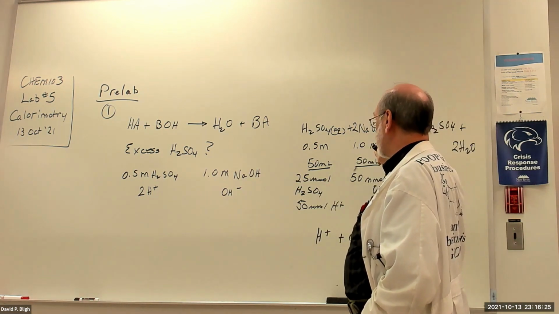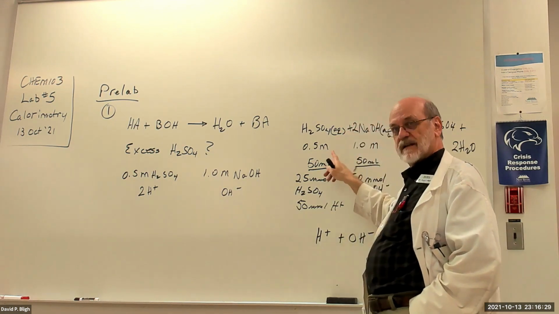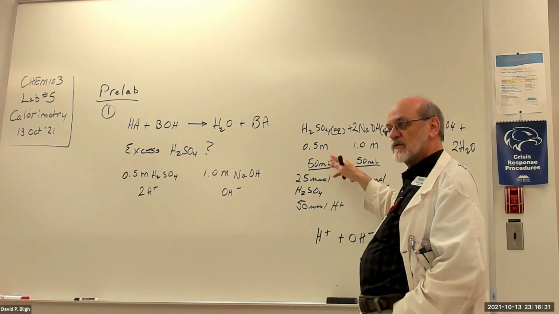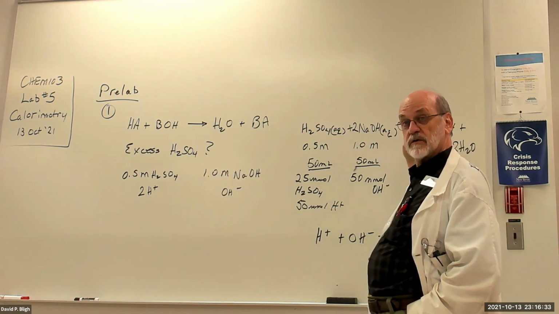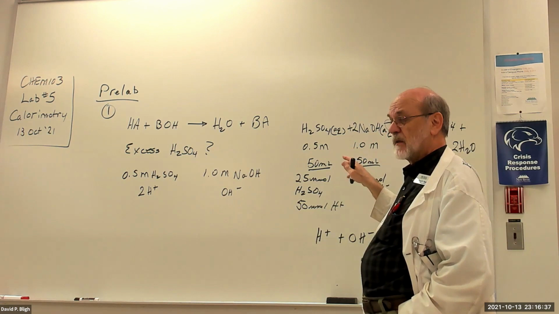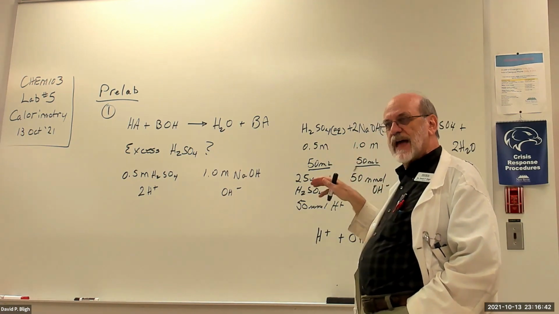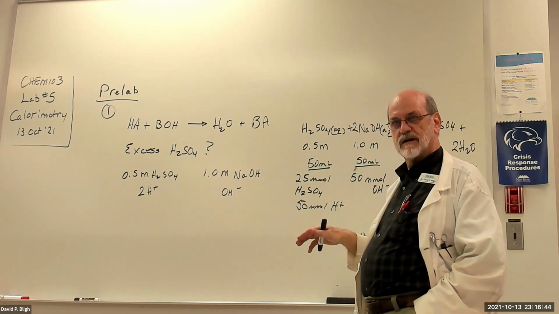This relates to the fact that since we can't guarantee that we have exactly 50.00000 millimoles of each one, so that we have a stoichiometric mixture, we use excess and limiting.